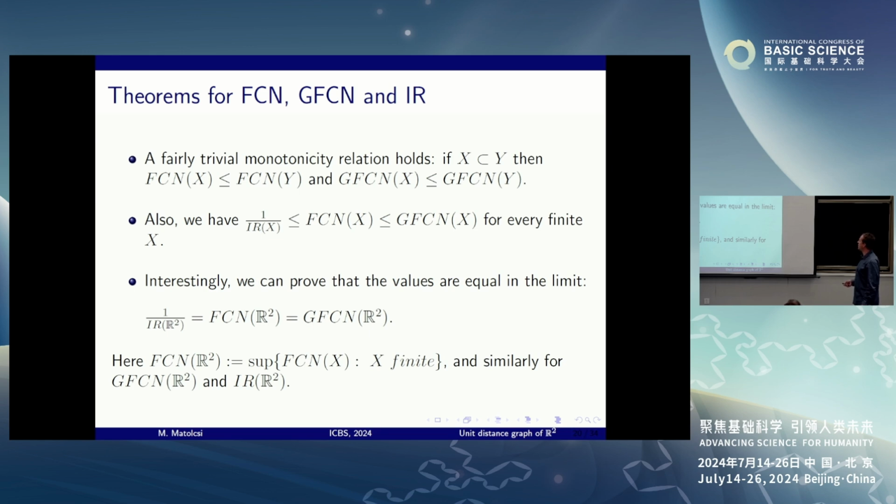And similarly, the geometric fractional chromatic number of the plane is the supremum of the geometric fractional chromatic numbers of finite sets. And the independence ratio of the plane is the infimum of the possible independence ratios of finite graphs. And if you go to the limit, then it's a very clever proof saying that these three things will actually be equal.